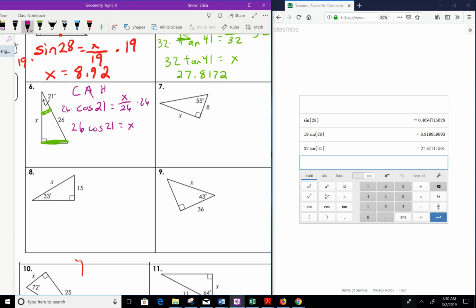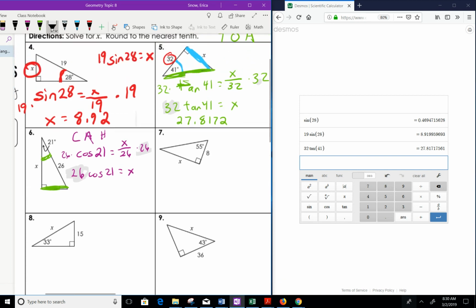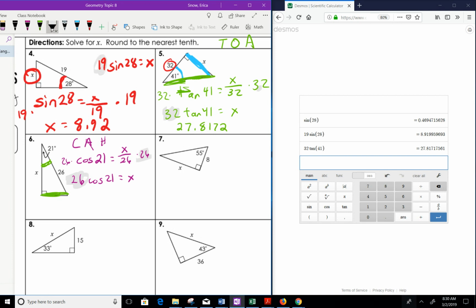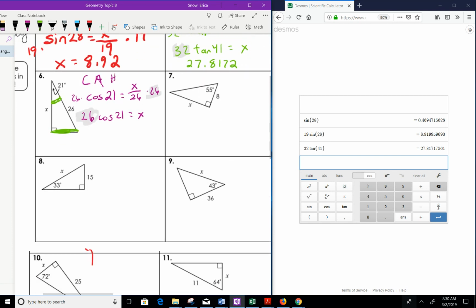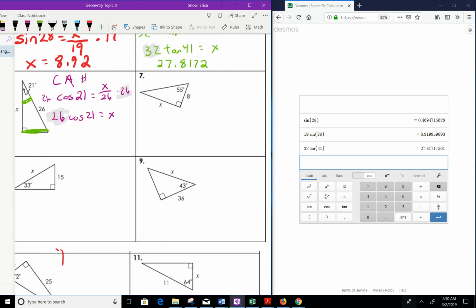Now notice that when I multiply, these numbers are going out in front of our trig function. So when I multiply by 32, I put the 32 out front. When I multiplied here, I put that 19 out front. If you put 26 times 21 after the cosine, your calculator is going to get confused.